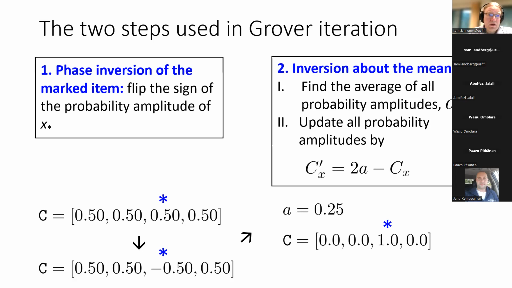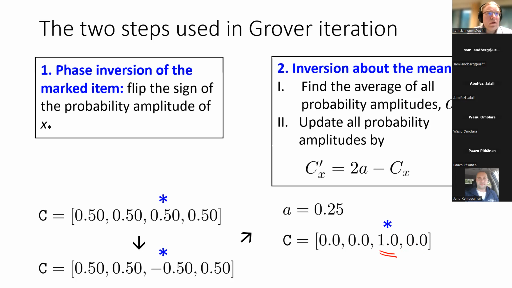So now if we measure this system, we would end up with that state with probability 1. In other words, we would have found the correct item.